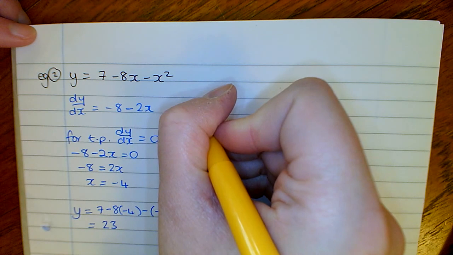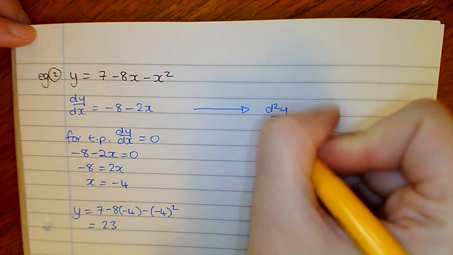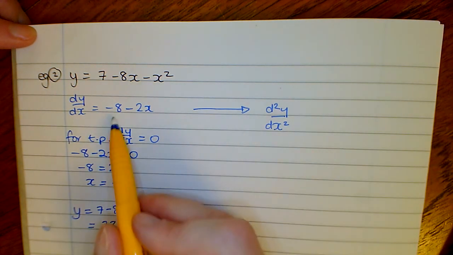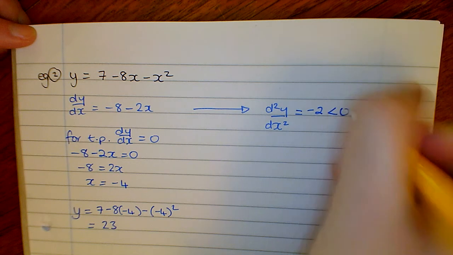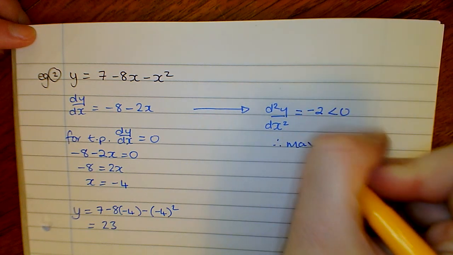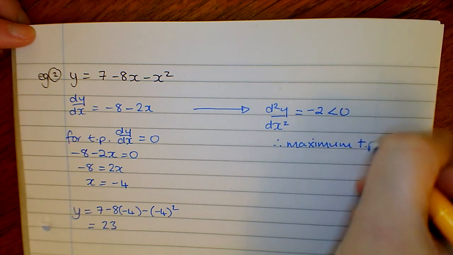Then we want to find the nature. So we'll have to find the second differential, d2y by dx squared. So differentiate this again, we get minus 2. That's less than 0. So therefore it's a maximum turning point.